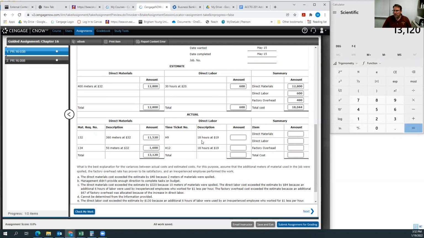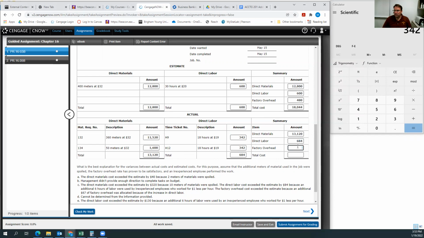Our direct labor, they had 18 hours at 19 and then another 18 hours at 19. So 18 times 19. So our direct materials were 13,120. Our direct labor was 684.